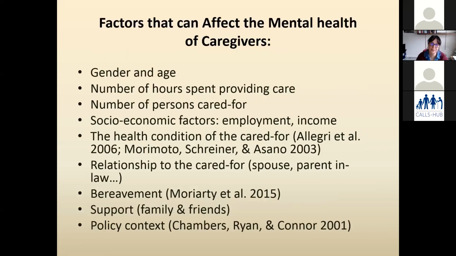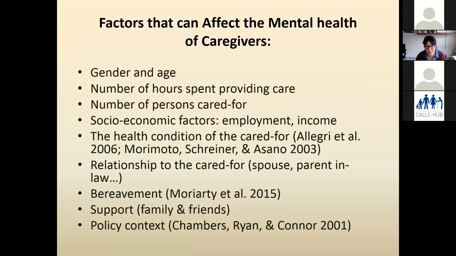Factors that can affect the mental health of caregivers are gender and age. In lots of studies there were significant relationships. The numbers of hours spent providing care, the number of persons cared for, and socioeconomic factors such as employment status and income, but also the health condition of the cared for, particularly different health conditions like dementia or psychological health conditions or others.